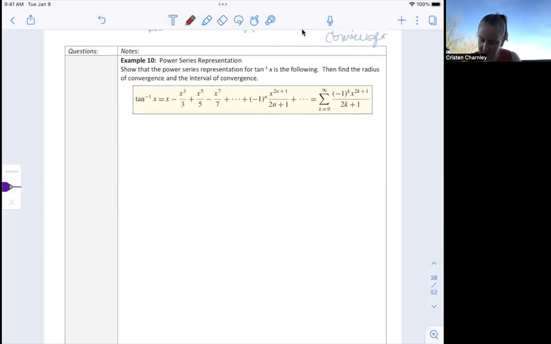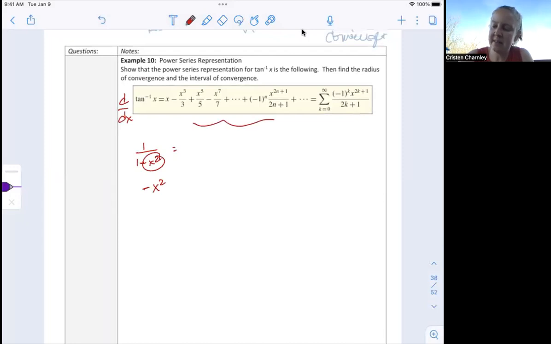If you wanted to, again, it's on page 785. They use the fact that the derivative of inverse tangent is 1 over 1 plus x squared, and find the derivative of all of those other things. And then you can substitute -x squared into the power series and integrate it to get back to all of this. I'm not so worried about that.